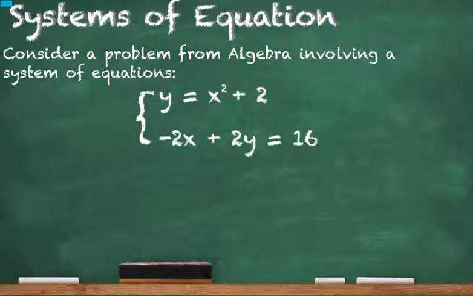So let's rewrite this second equation. This would then become negative 2x plus 2, now we're replacing the y with x squared plus 2, equals 16. So this is the substitution step. After that, we want to simplify.